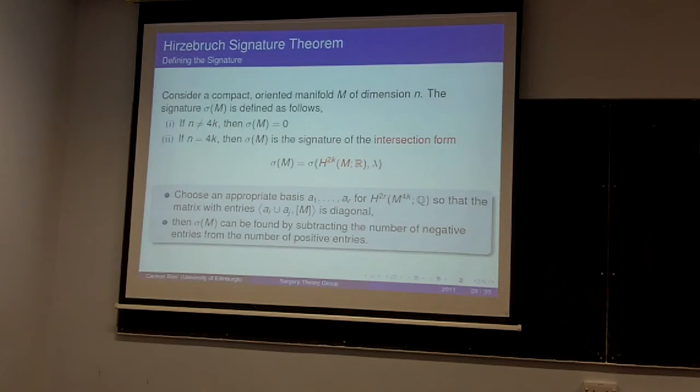And when I have my diagonal matrix, I'm just done, because the only thing I have to do is see the eigenvalues and see how many positive eigenvalues I have and how many negative, and subtract. So the signature is just found by subtracting the number of negative entries from the number of positive ones. Let's look at an example.